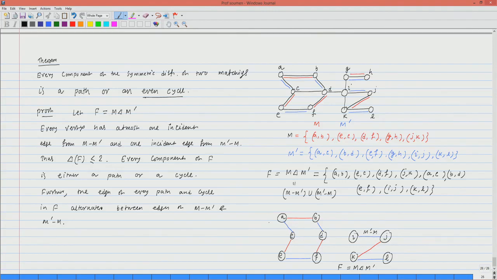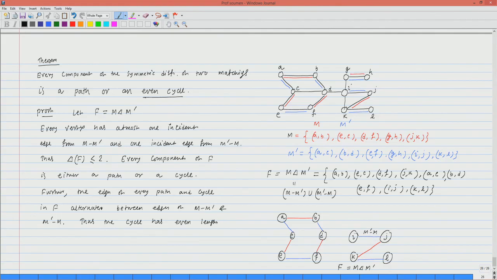That is from the definition of the matching. So, the cycle is an alternating cycle, the paths are also alternating paths, and since the cycle is an alternating cycle, thus the cycle has even length.